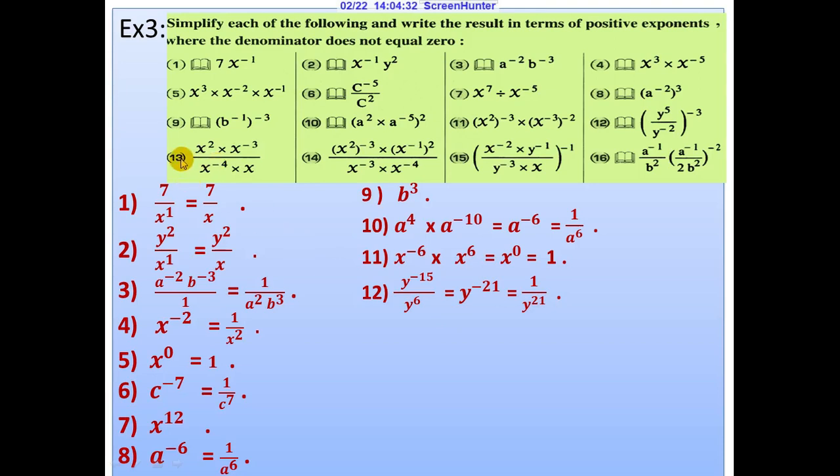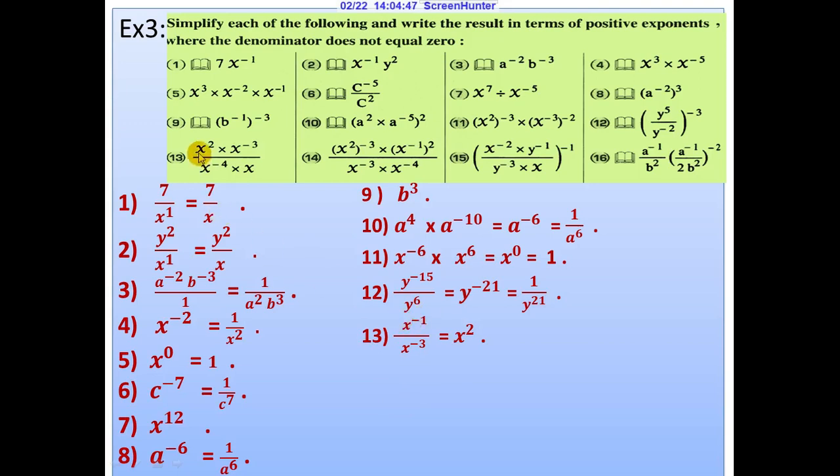Number 13, x^2 multiplied by x^-3 over x^-4 multiplied by x^1. How to solve this? By simplifying it.